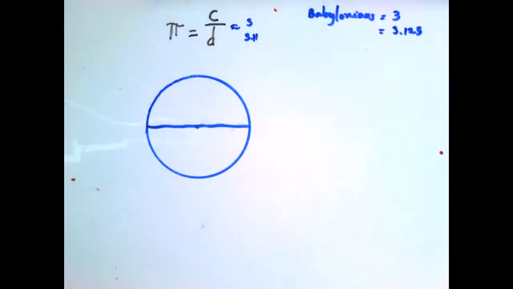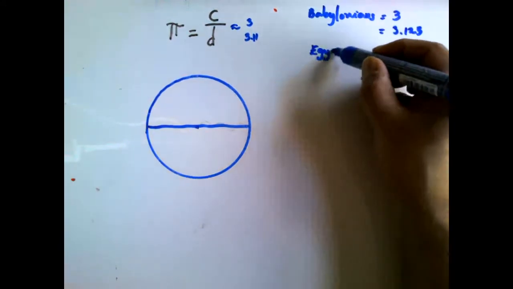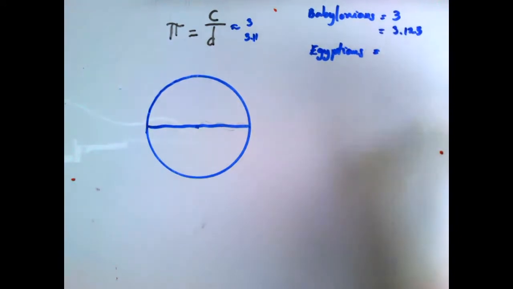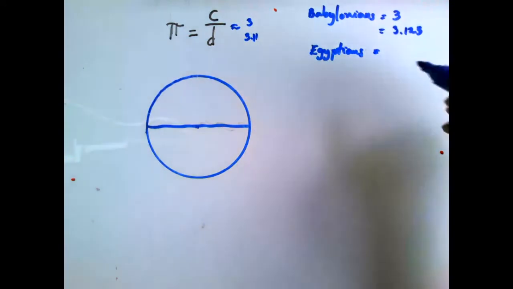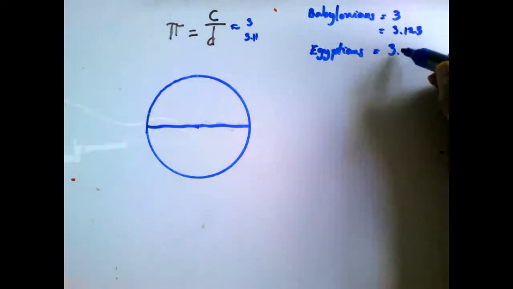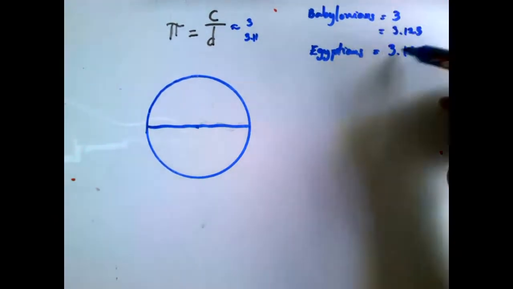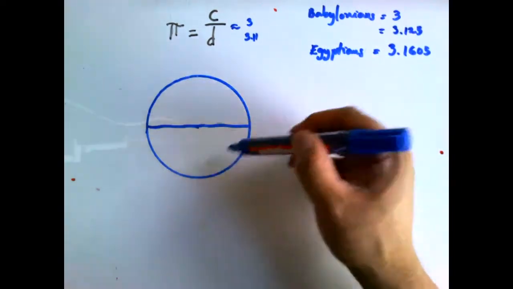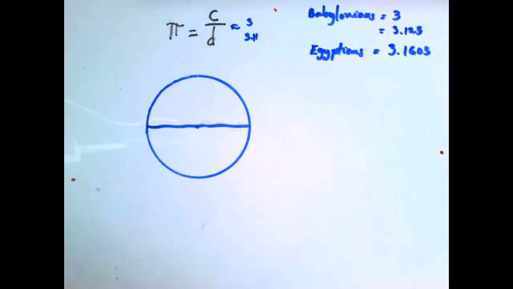It's 3.125. The Egyptians have a value that is a little bit more real, so it's 3.1605. But I reckon that all these values they got using this methodology, right? You measure the perimeter of the circle and the diameter.